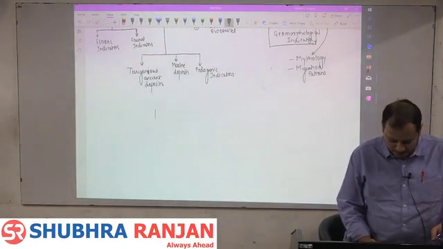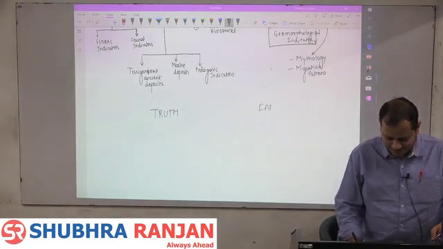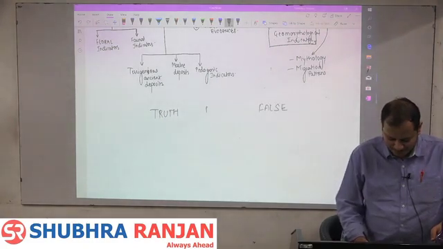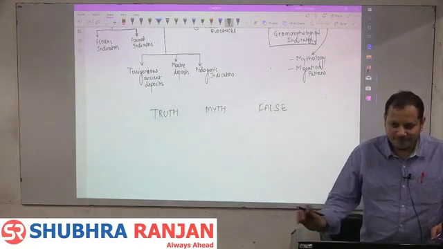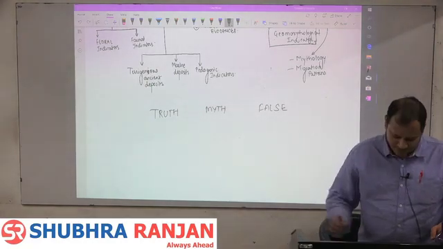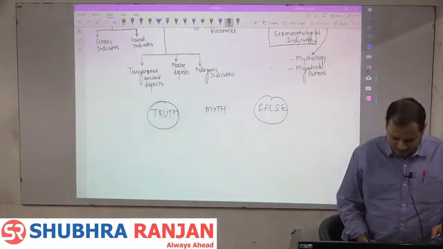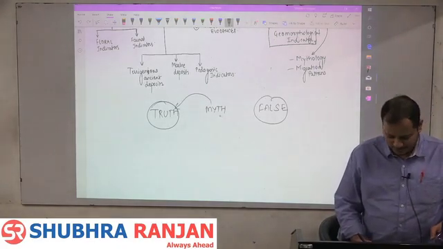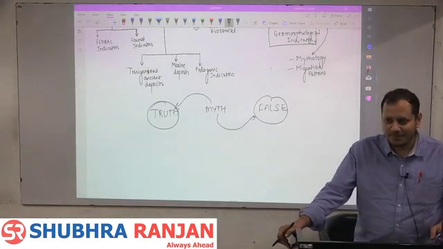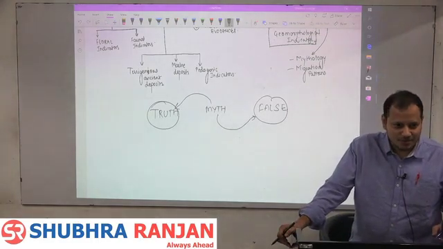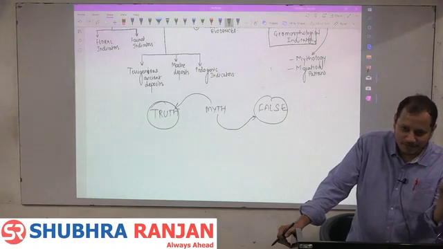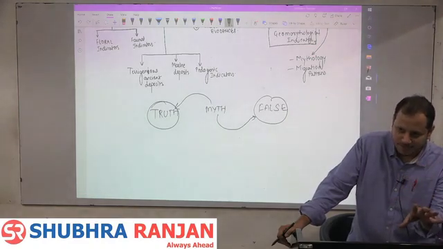What is the difference between truth, false, and myth? Truth is fact, proven. False is not proven. Myth is truth for some people, it is false for some people. Fine? It cannot be proven.